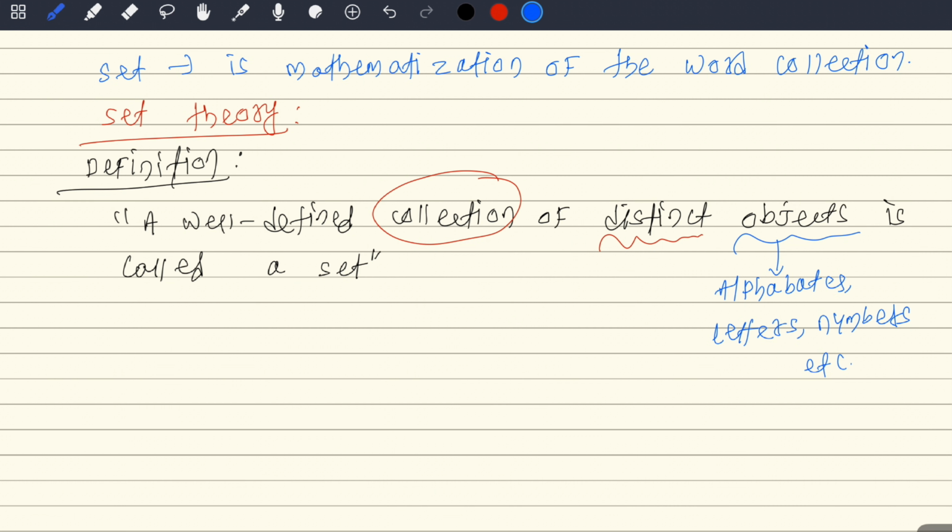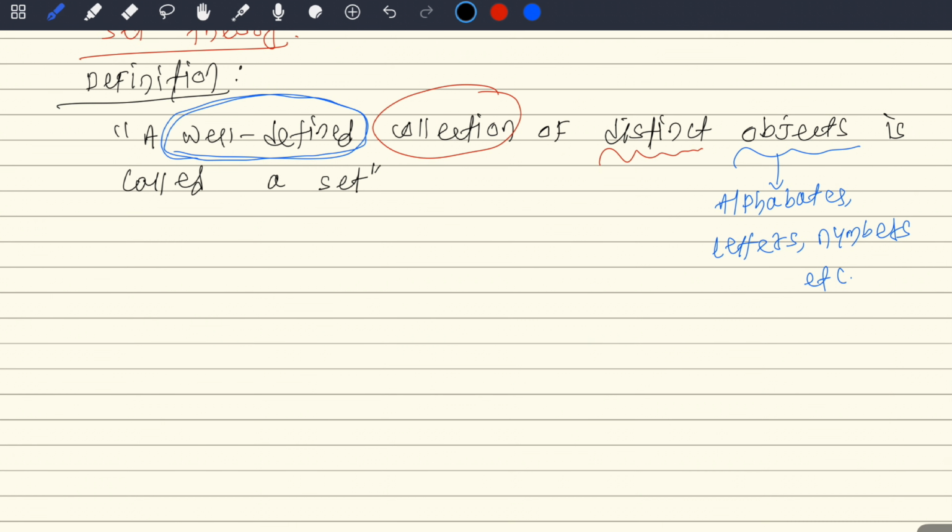Now look at the term well defined. You need to understand this very well. What is the meaning of well defined?